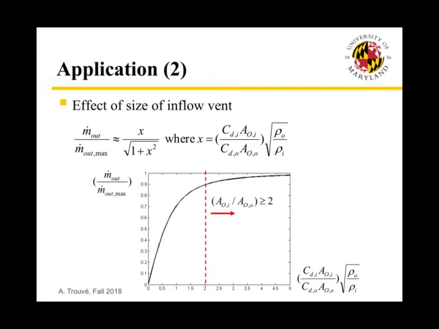On the other hand, if the makeup air vents located close to the floor, bringing fresh air into the room, are too small, then the efficiency of your system will be limited and will be lower than 90%. So this simple theory helps us find design criteria for the conception of a smoke venting system.